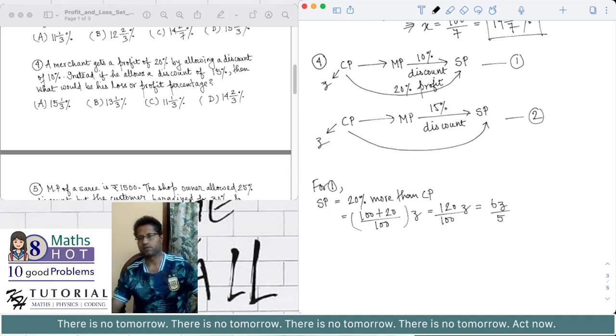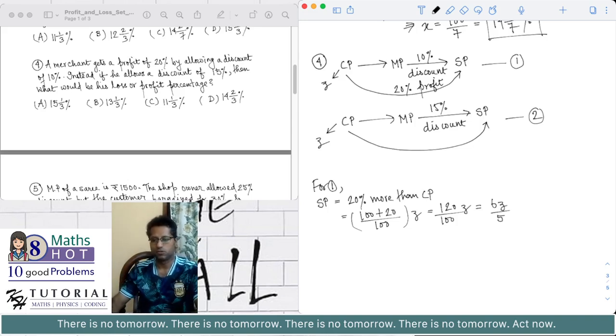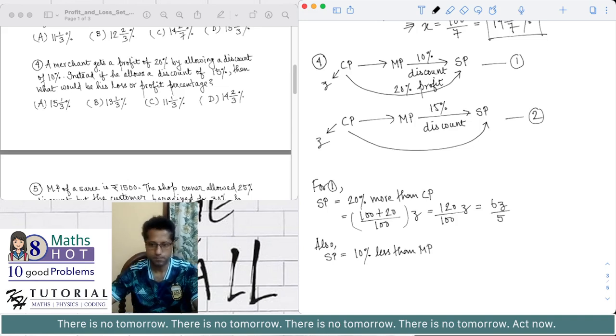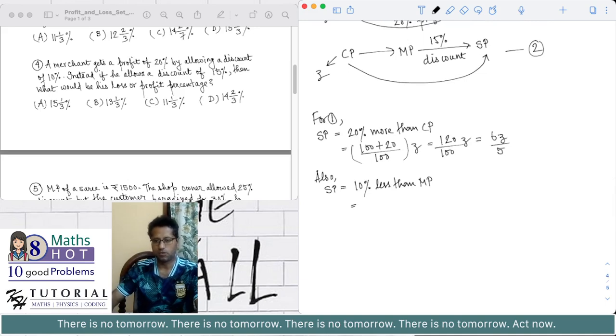Okay, so from the first case, we see the selling price is 6z by 5. Also, we can say that for the first scenario, since there is a 10% discount, SP is equal to 10% less than the mark price. This is equal to 100 minus 10 divided by 100 multiplied by mark price.